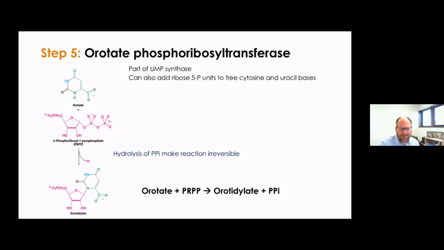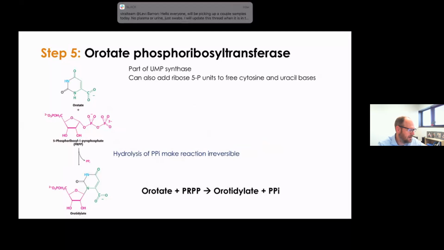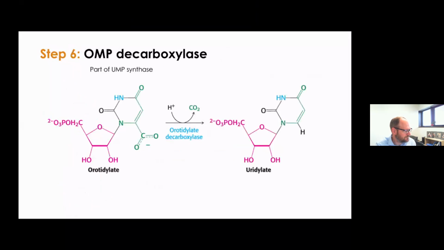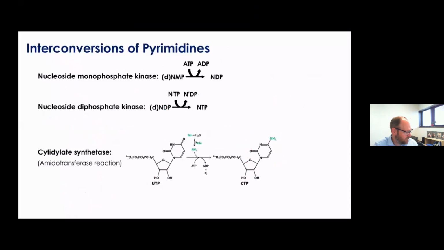So orotate plus PRPP ultimately makes this orotidylate and pyrophosphate. And then here we are at this last final step where we lose carbon dioxide, and that makes this final molecule that is one step away from UTP, right?